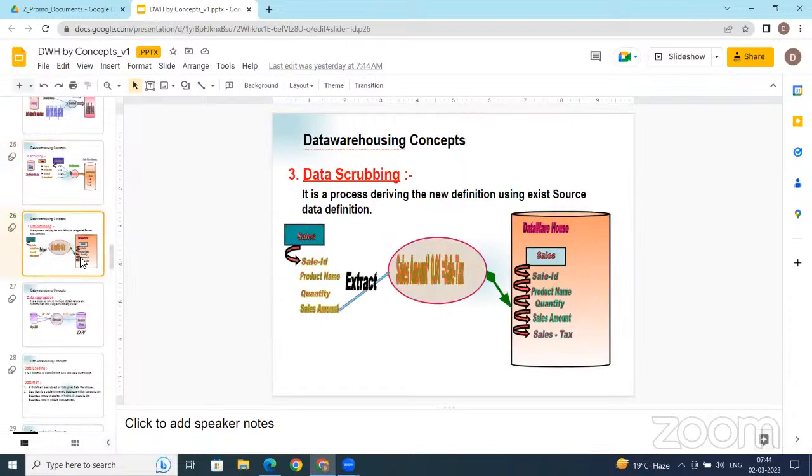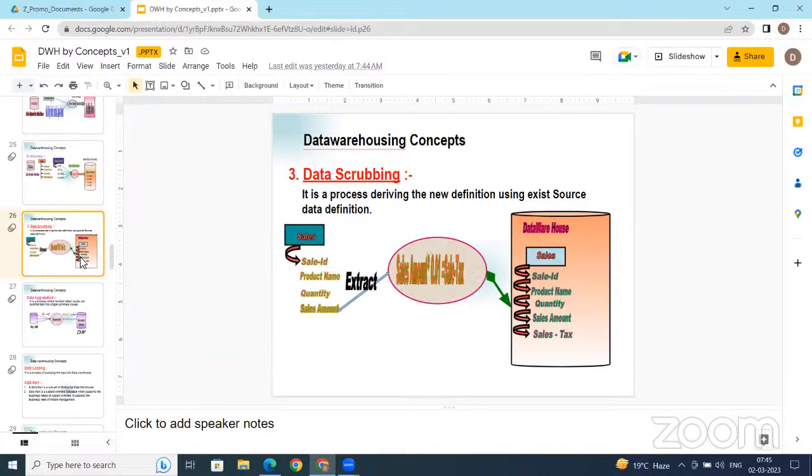Next one is data scrubbing. There are some columns that are not available in the source, but we need them in the target. So at the intermediate level, we derive data for those columns and load it into the target. For example, sales amount is a column, and then sales tax. 1% of the sale amount is the sales tax.